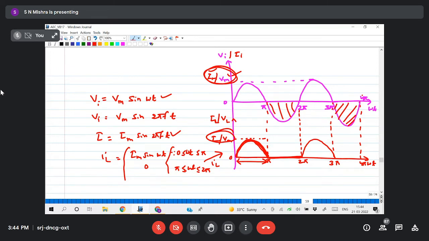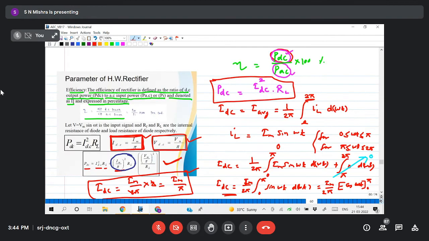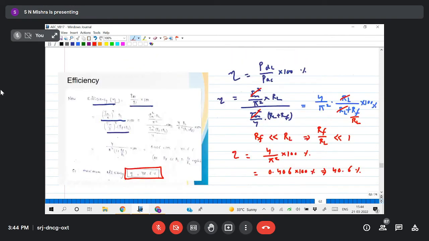If I consider the drop across the diode, the output Vm will reduce, this DC will reduce, and I may get less than 40% efficiency.